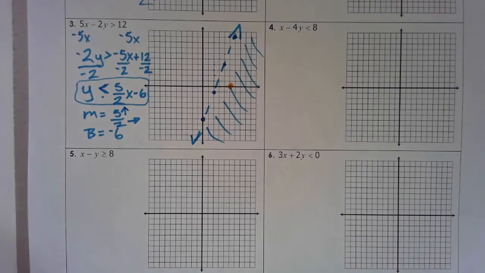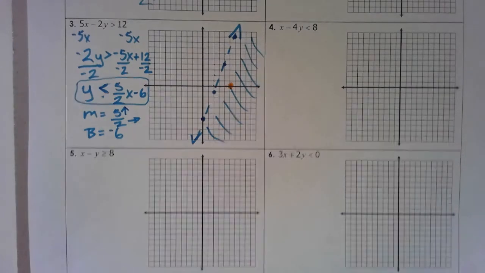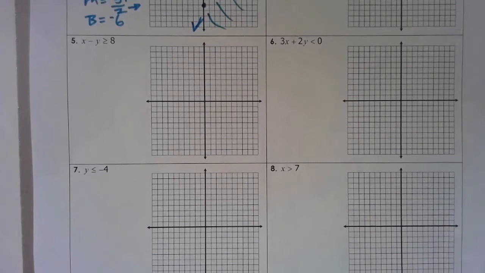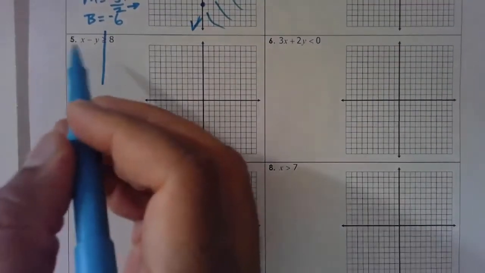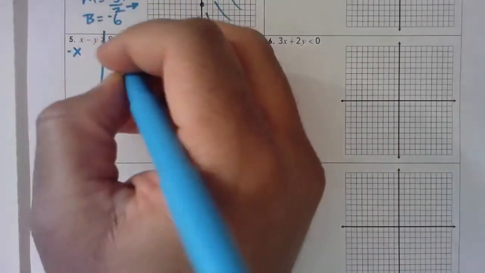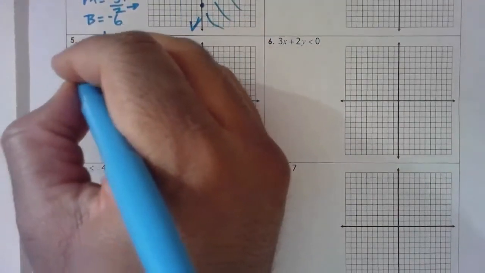So let's take a look at number 5 here. So number 5, we have x minus y is greater than or equal to 8. So first thing I need to do is get y by itself here. So I'm going to go ahead and solve for y. So I'm going to move that positive x by making it a negative, aka subtracting it.